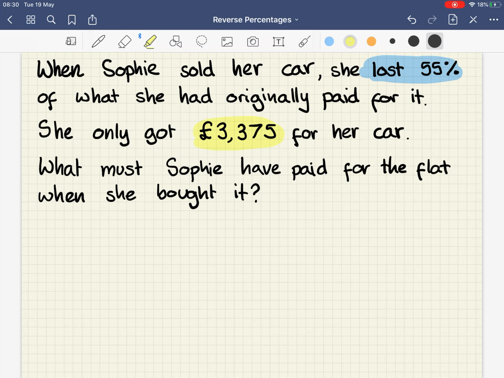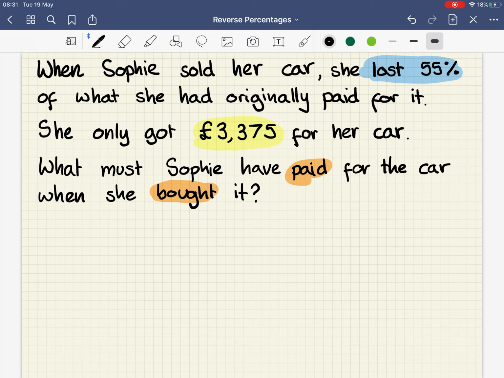What must Sophie have paid for the flat? Why did I write flat there? That should say car. Let's just change that. What must Sophie have paid for the car when she bought it? So we can sort of see this sort of past tense of what did she pay, like asking how much she paid and she bought. There's our past tense kind of identification.